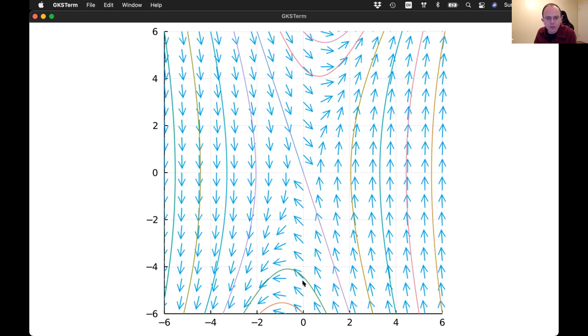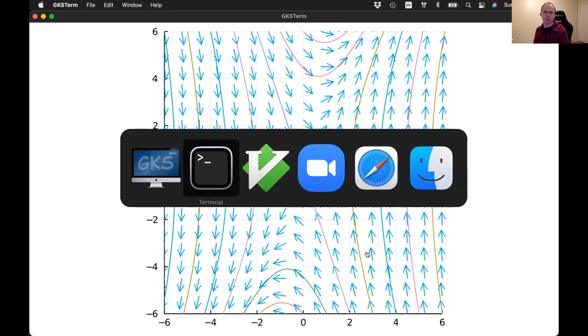And I suppose there's some other solution curves that I would also like to see in here. So like when x is 0 and y is equal to, I don't know. Let's just do everything, I guess. So x is 0 and then y just goes from like -6 to 6.